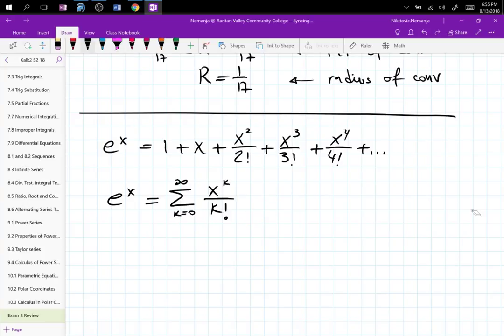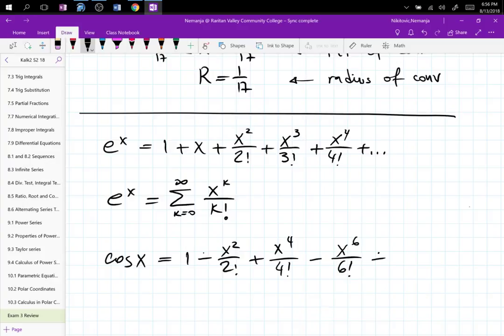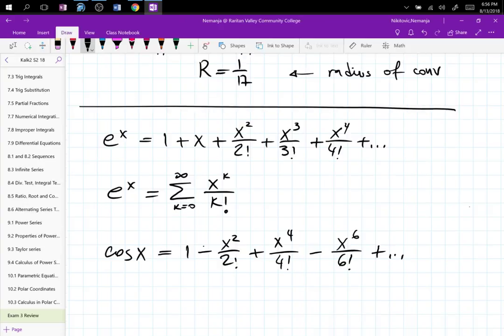Same thing goes for sine and cosine. Let's go cosine, for instance. Cosine x expansion was given as 1 minus x squared over 2 factorial plus x to the 4 over 4 factorial minus x to the 6 over 6 factorial plus ... forever.